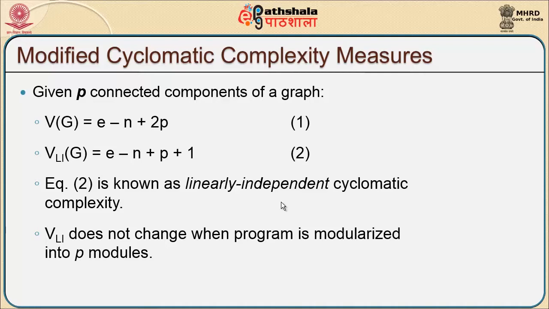In case of a linearly independent graph, the cyclomatic complexity is represented as E minus n plus p plus 1, where Li represents the linearly independent value. The cyclomatic complexity of a linearly independent graph does not change when the program is modularized into p different modules. So there will be no difference between the first formula and the second formula.